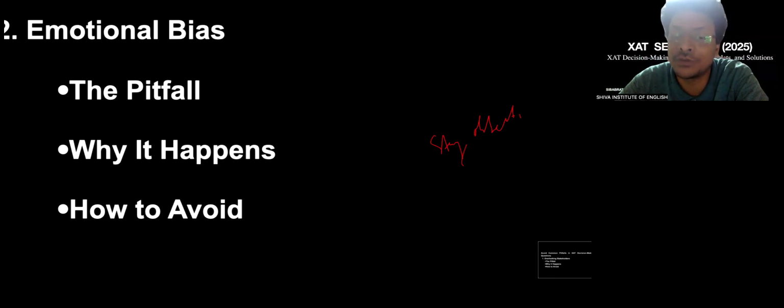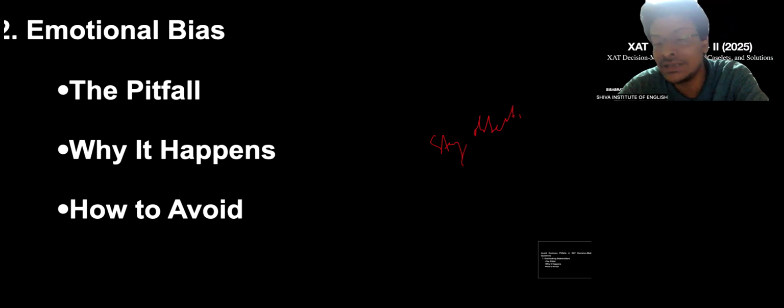You need to assess options based on measurable outcomes rather than feelings, right? Then your job is also to ask important questions. Is this decision fair to all stakeholders? You need to ask yourself. Second, does it align with ethical and organizational goals?